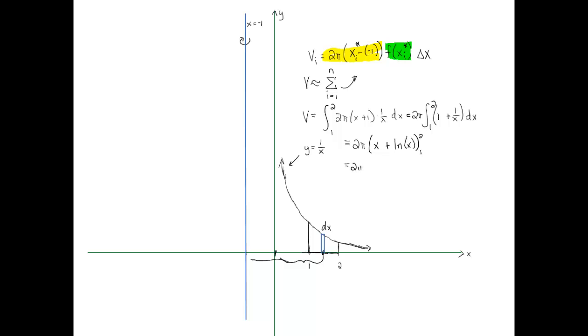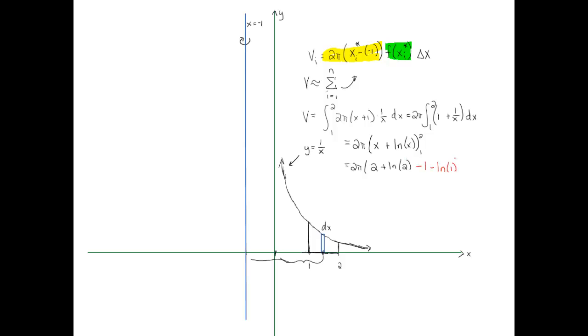You get 2 pi times 2 plus the natural log of 2. And then, oops, I don't mean to close off that bracket, actually. Let me erase that. I didn't mean to close that off yet. And then I will subtract this evaluated at 1, which is 1 minus the natural log of 1.